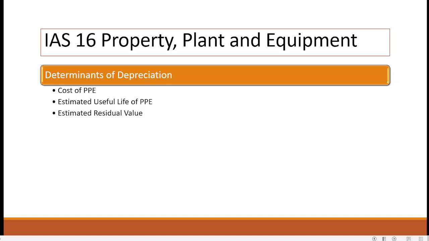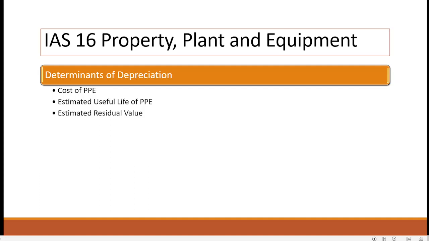The second stage is to determine the residual value, which again is an estimated amount in the future. You don't have to calculate the present value of the residual value, because it's an estimated residual value in the future, and by depreciating, the property, plant, and equipment will also reach that same value at the end, so you don't have to recalculate the present value of the residual value.